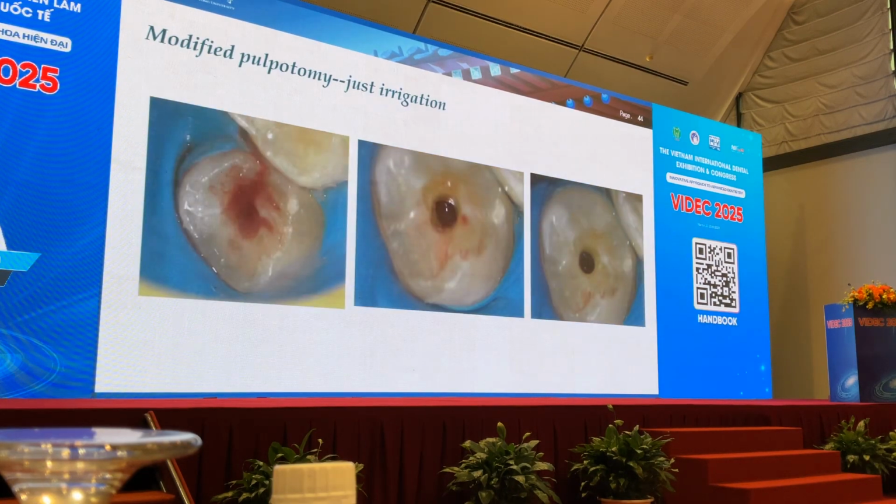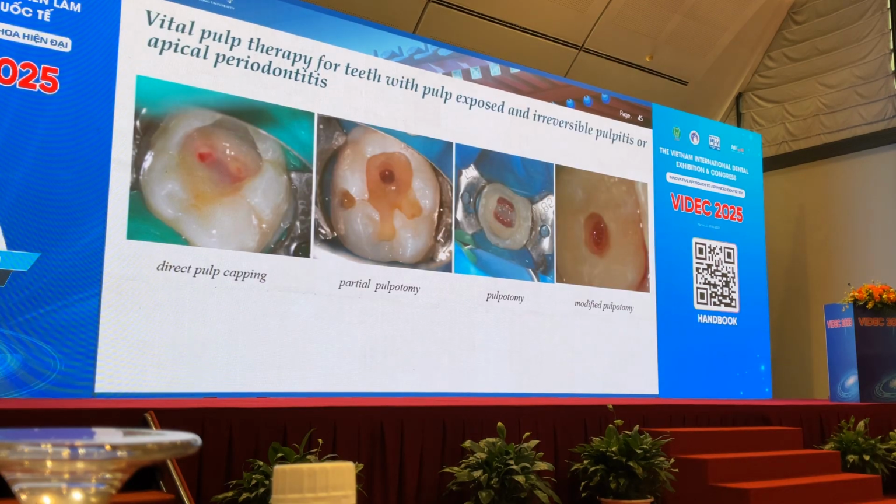And for this one, the white pulp tissue is located at the third part of the root canal, and the same procedure, just irrigation. So all the procedures could be used in clinic for teeth with pulp exposed and with irreversible pulpitis or apical periodontitis. And the modified pulpotomy is the most frequently used way in our clinic.